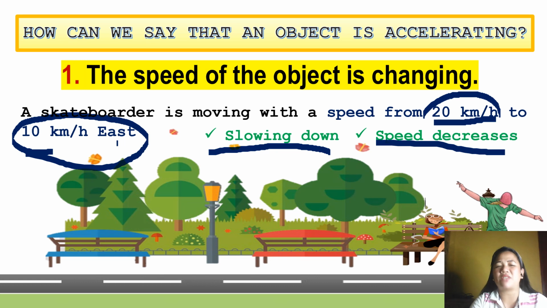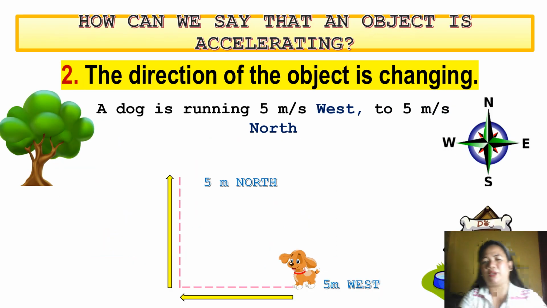Because acceleration is directly proportional to your speed. Kapag ang isang object ay mabilis, ang speed niya ay mabilis din. Kapag bumaba ang acceleration, ibig sabihin, bumabagal din or bumababa ang speed because they are directly proportional to one another.